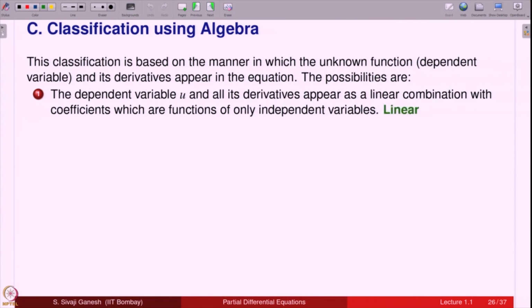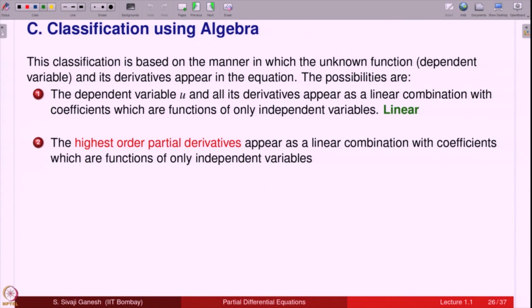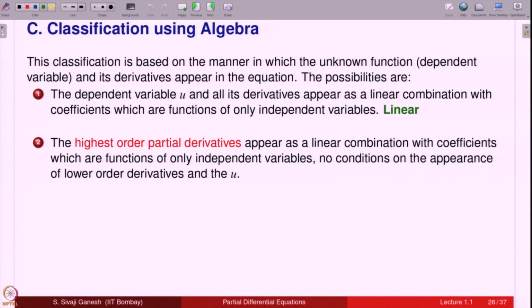Such equations which have this feature will be called linear equations. Second option is that the highest order partial derivatives appear as a linear combination with coefficients which are functions of only independent variables, and no conditions on the appearance of lower order derivatives and the function u. This may be called semilinear equations.